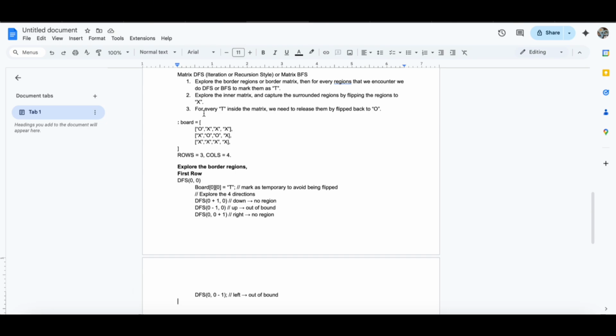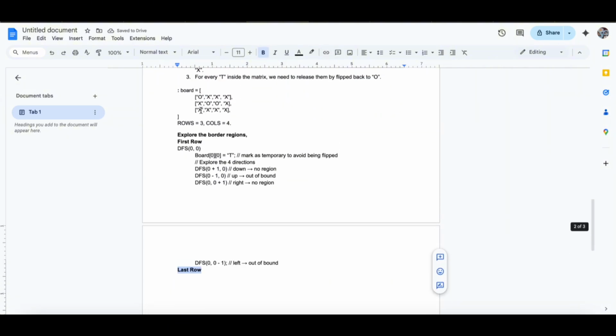Okay, then we continue, right? There is no other region on the first row, so we continue to the last row. Is there any region on the last row? No, there is no region at all. Continue, right? Then we need to check the first column and last column.